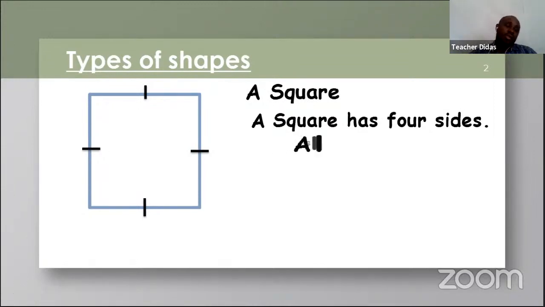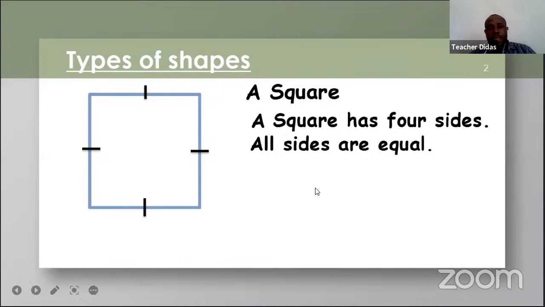And another thing we have to look at, all the sides are equal. Now, if all the sides are equal, it means that if this one is maybe 8 centimeters, this one is also 8 centimeters, even this one 8, even this one 8.